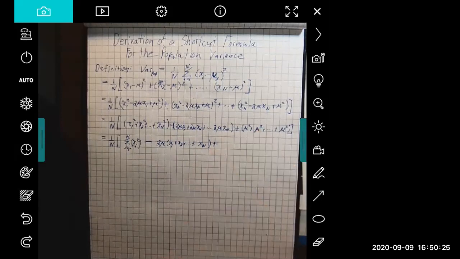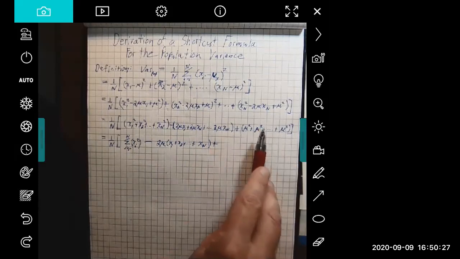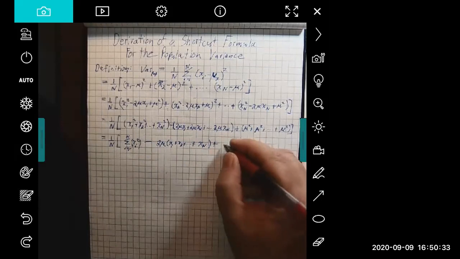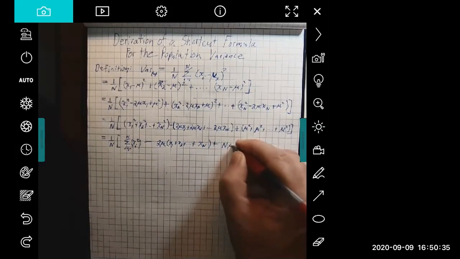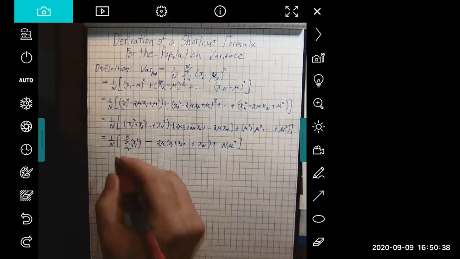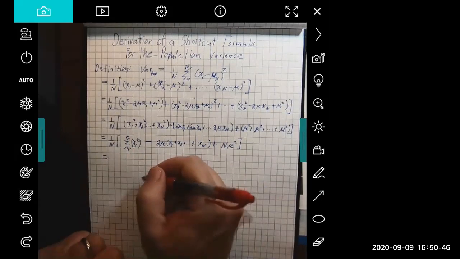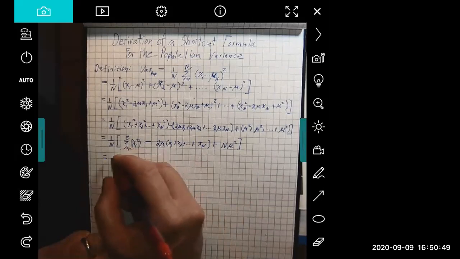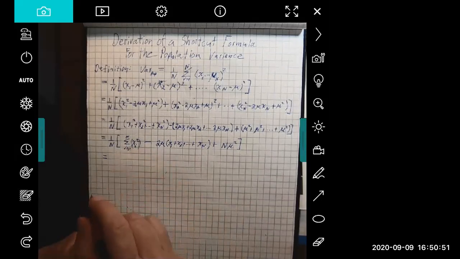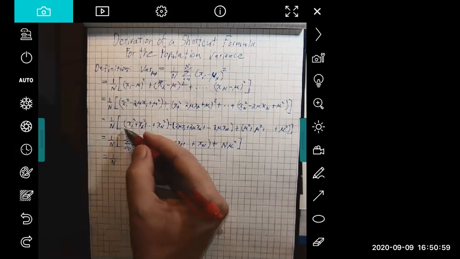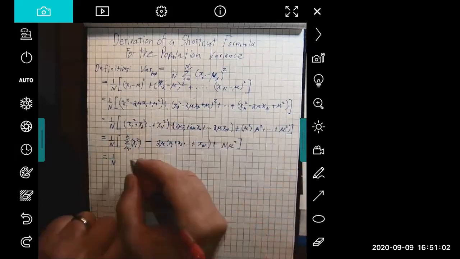And then over here with all those mu's, it's mu squared plus itself plus itself n times. So now I'm going to distribute. I'm going to multiply the 1 over n all the way across.